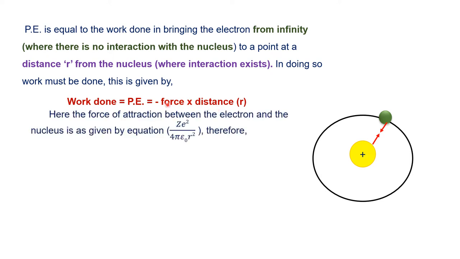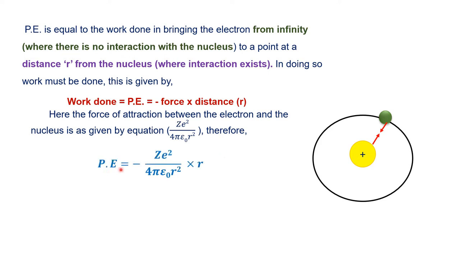So force here is the force of attraction between the electron and nucleus that we already calculated according to the Coulomb law, that is equal to Ze square divided by 4 pi epsilon naught r square. So we will put this value of force in the above equation.